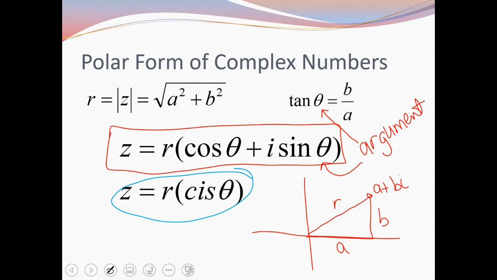So why would you want to write cosine theta plus I sine theta over and over again? Some older books abbreviate it cis for cosine plus I sine. So if you were doing your homework and you wanted to leave it that way, you could. But your book leaves it as cosine theta plus I sine theta. So does Delta Math. But it has that form for you, so you don't need to worry about getting that in the right form.